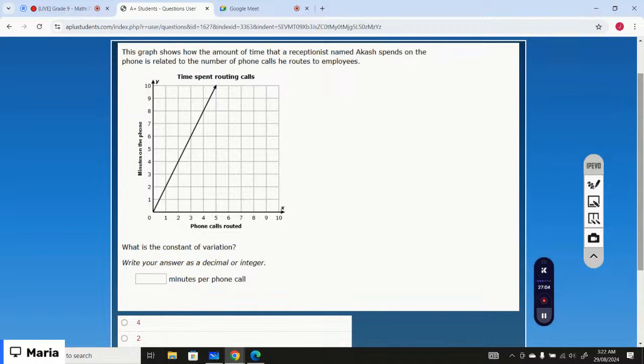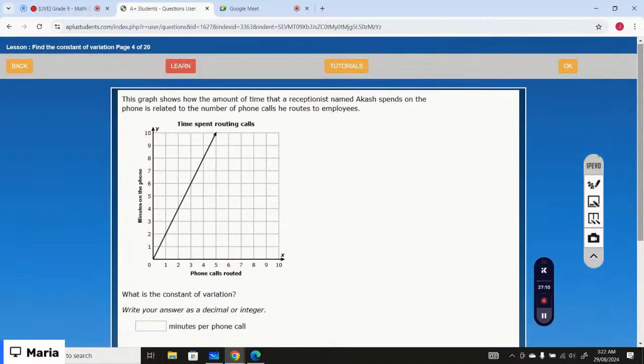The correct option is, yes, again, 2 is the correct option, right? Okay, you can complete the lesson by yourself later today. Let's just move on to the next lesson.